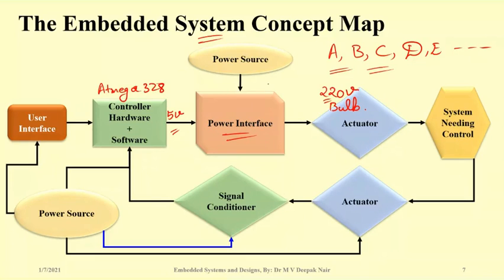For that, it will use either a relay, which is a mechanical switch, or it may use MOSFETs to switch any other circuit which can switch the power supply to the LED or the 220 volt bulb.